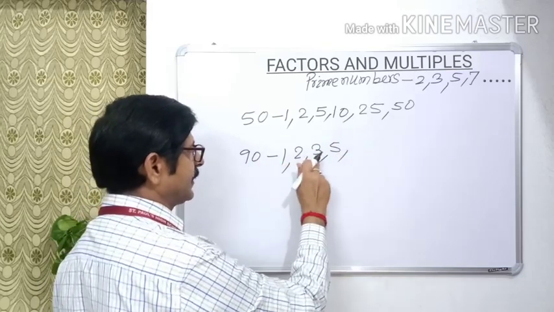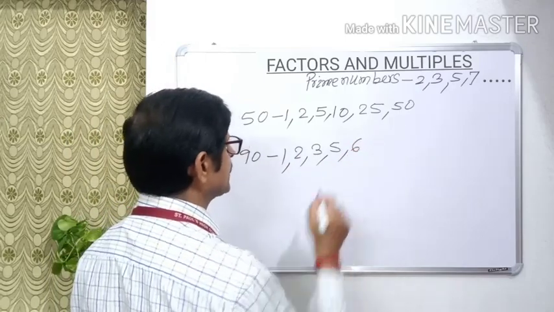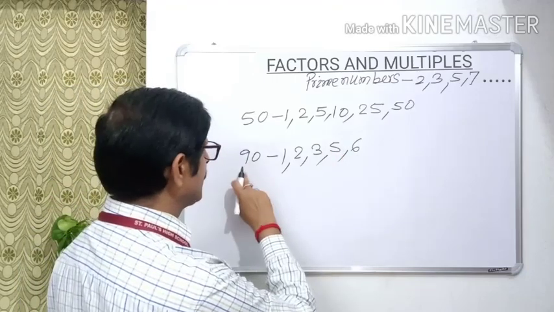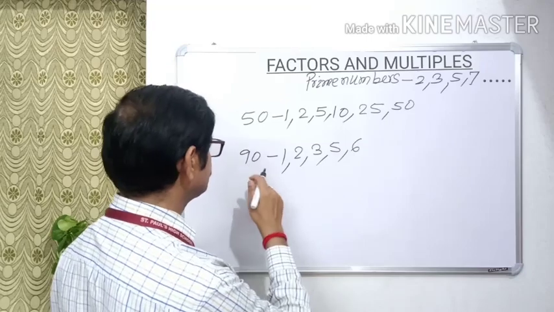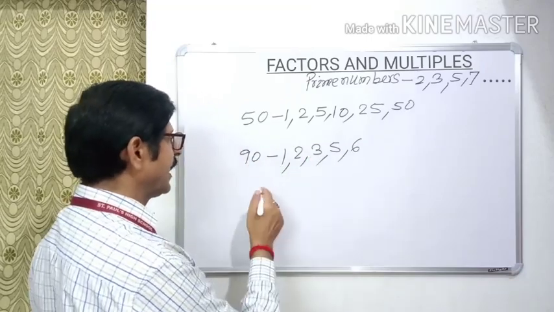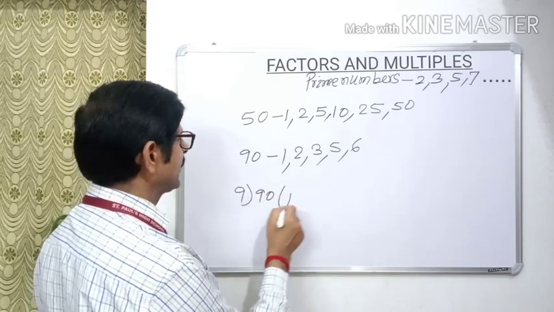And 2 and 3, both of them divide this number 90, so 6 divides this number exactly, and 6 is a factor of this number. It is not divisible by 7, not by 8. Next number is 9. 9 10s are 90. 9 1s are 9.